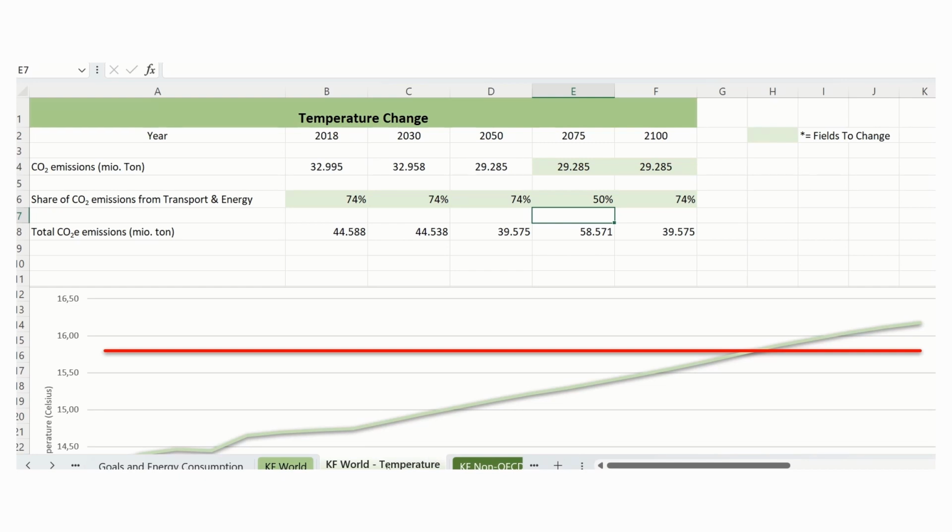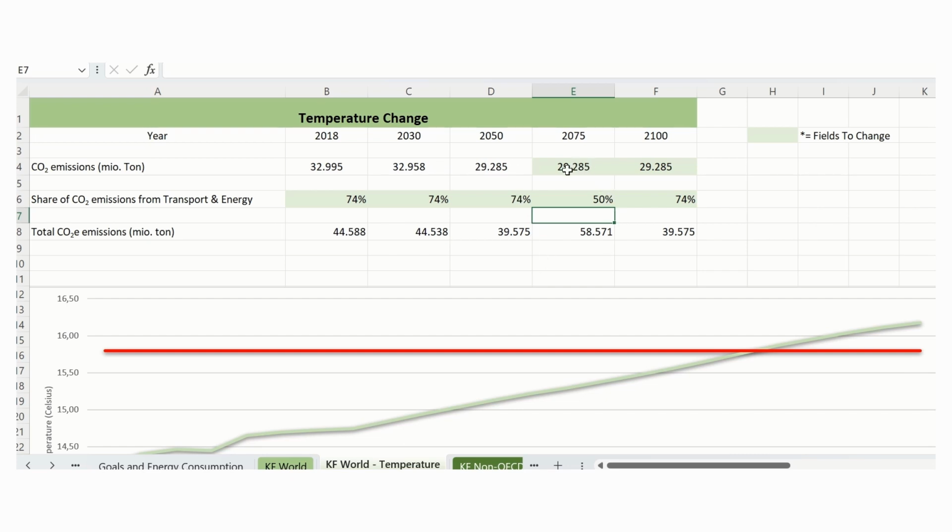We now shift here to the temperature tab, and here in this tab you can see the CO2 emissions in million tons here for year 2018, and how much it will be in year 2030 and 2050 based on the key values you have put into the Excel sheet.